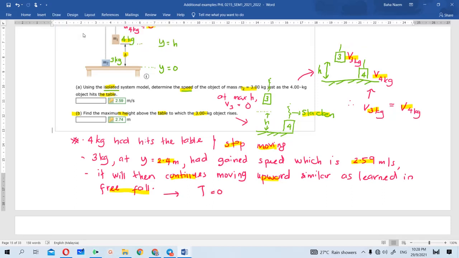So we find that the only acceleration the 3 kilogram object will experience is the acceleration by gravity, which is negative 9.8 meter per second squared. Now, we have two options here to solve.